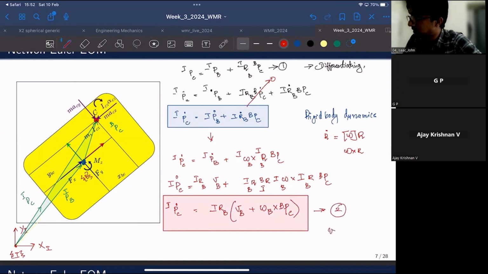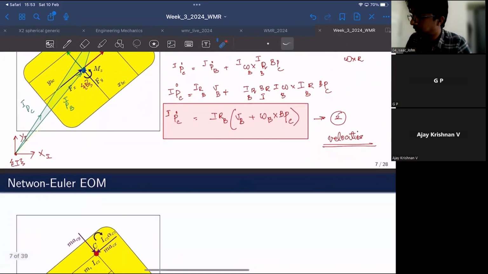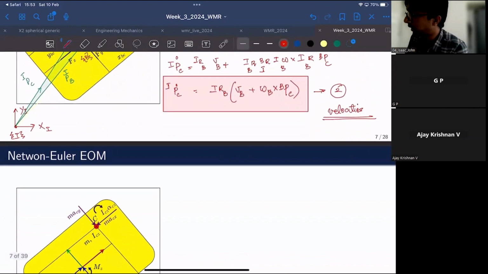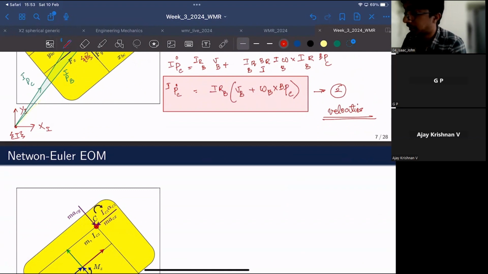This is nothing but velocities. And again, further, you have to take the derivative of equation 2 one more time to get the accelerations of point C referred with respect to I. So if you are still following, I'll show you that term.